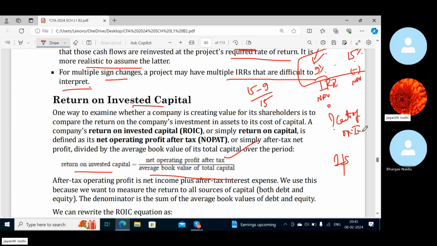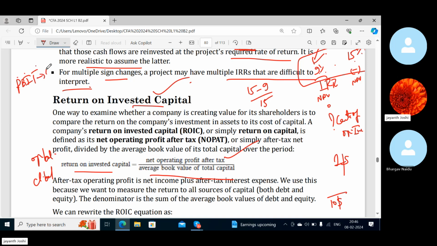operating income. So let's say my average book value of total capital, average book value is only possible when you have opening balance of capital and closing balance of capital. That means you're going to calculate this at the end of the year, and then you have the average. So let's say $10 is your average, and net operating profit after tax. That means you got the PBIT, profit before interest and tax.